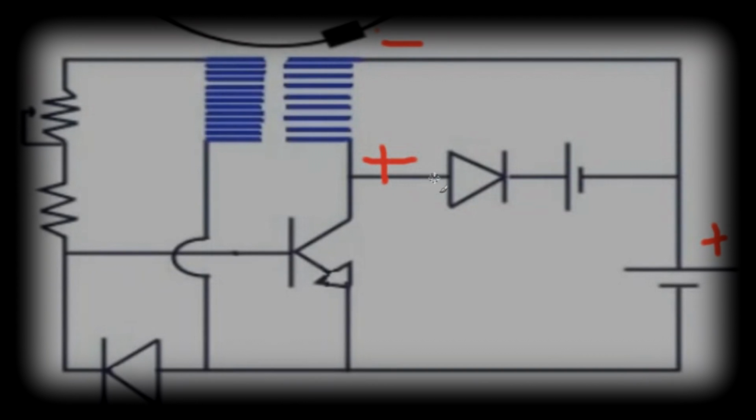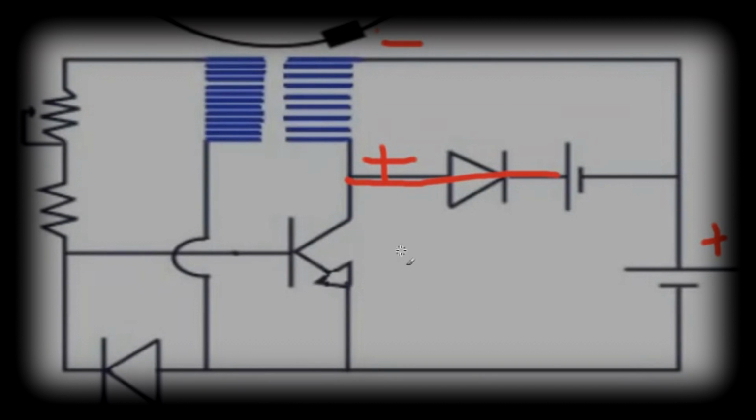So now, this is your flyback polarity hitting this battery, because at this point the gate is open. So there's no continuity from here to here.